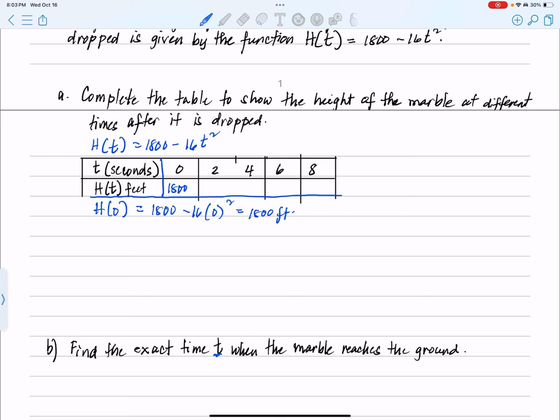Next, when t is 2, so 1,800 minus 16 times 2 squared. 2 squared is 4, times 16, then subtract from 1,800. So that would be 1,800 minus 64. That's 1,736 feet.